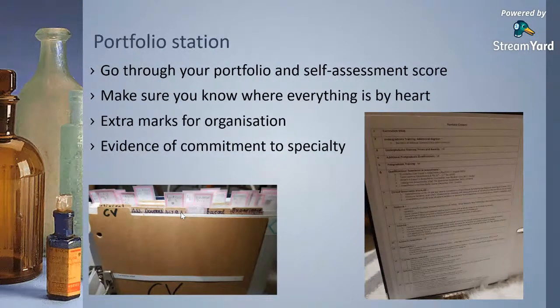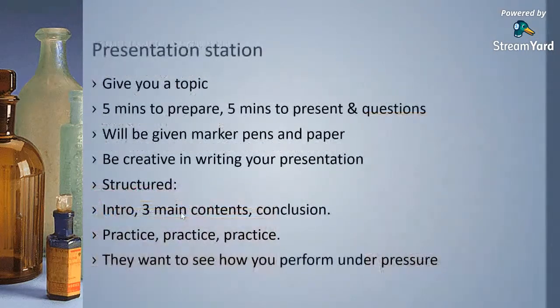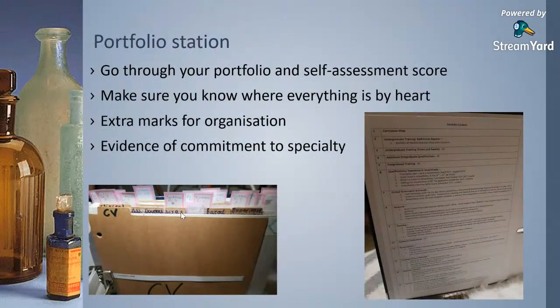So after they've done the scoring, they will ask you a few questions about why you want to be an anesthetist, and then they also like to ask you about reflective practice, about learning from your mistakes or learning from your errors. So that's the kind of questions that I got during my interview.